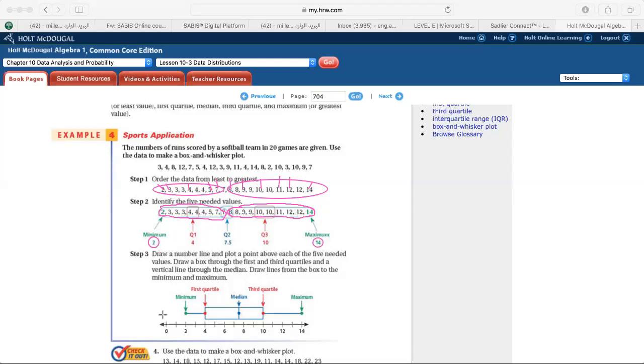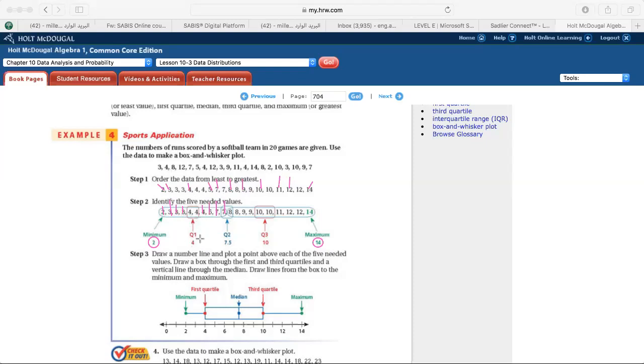Okay, I want to get the median of the first group, the median of the second group, and the median of the whole group. How will I get the median of the first group? Cross one from here and one from here, one from here and one from here, until what is left for me? 4 and 4. 4 plus 4 is 8. 8 divided by 2 because they are 2 numbers, so it will be 4.